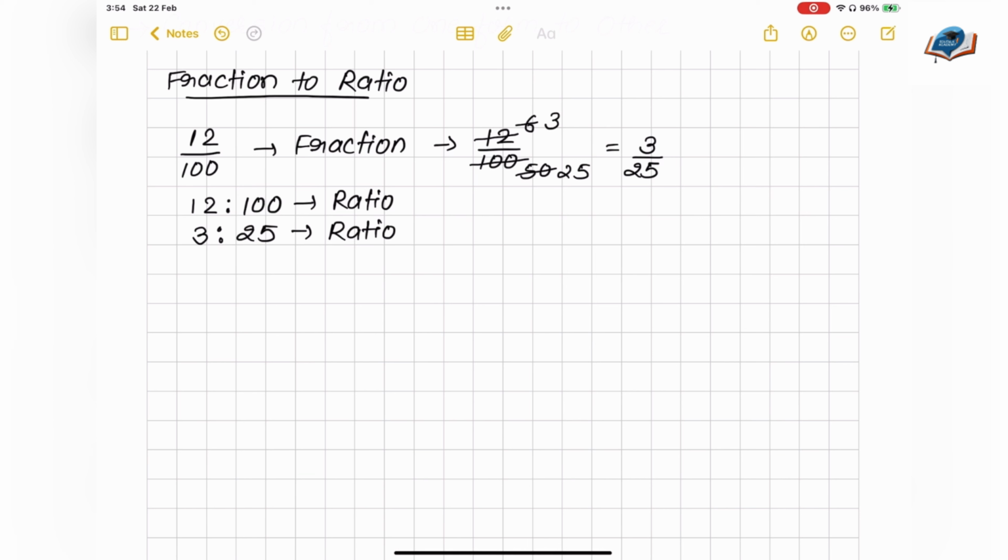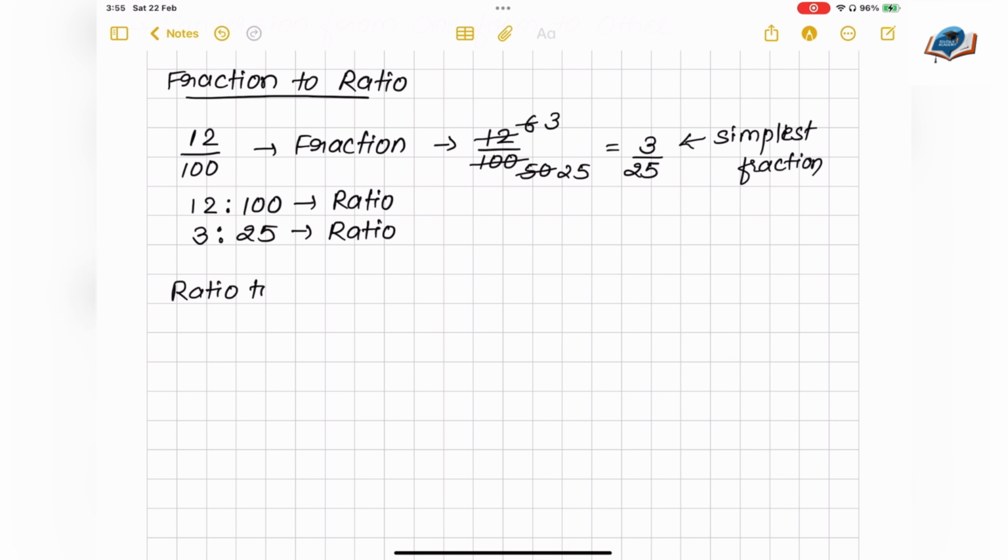This is also a ratio, and this 3 upon 25 is said to be the simplest fraction. That means now I don't have anything common between numerator and denominator. So I have removed whatever is common, and now I have brought it to the basic form.